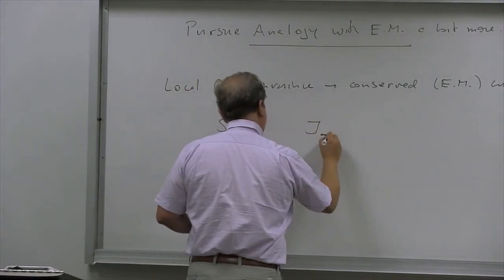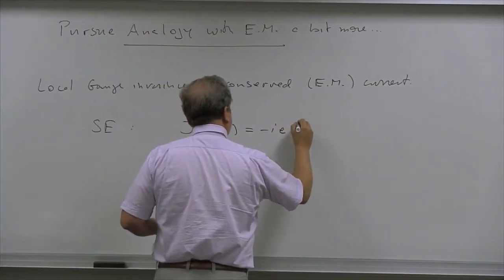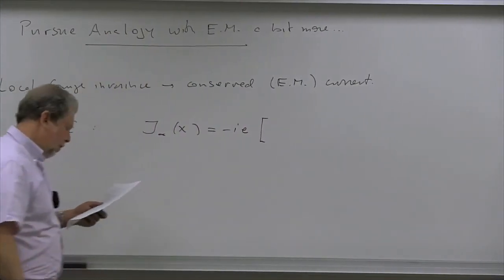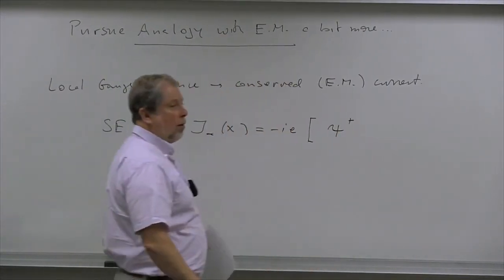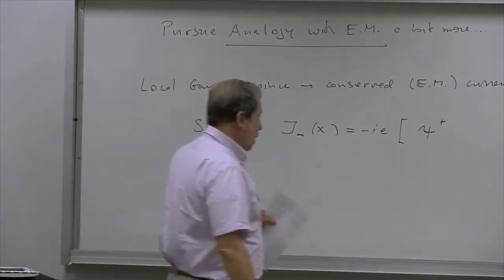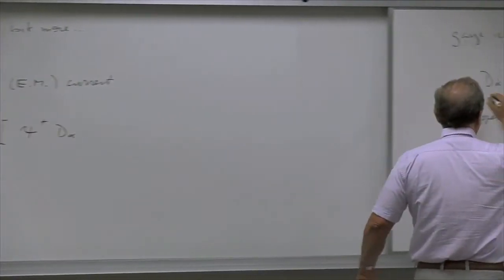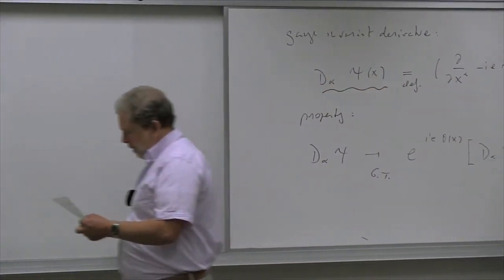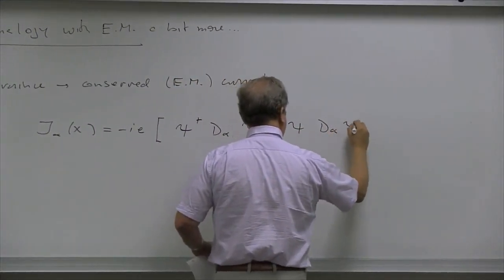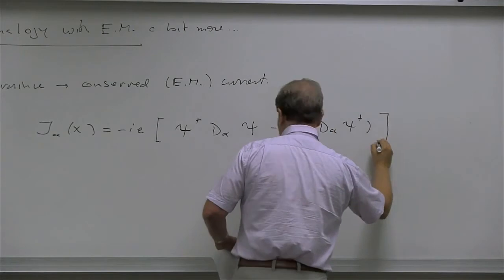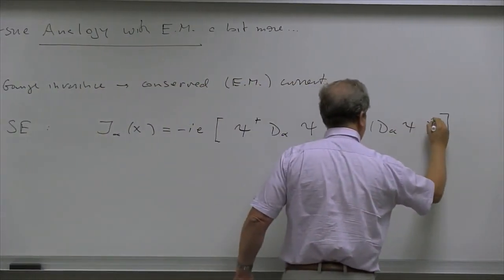J alpha of x is equal to minus iE, and then we have a combination of derivatives of the field. So it would be psi dagger if the field has more than one component, otherwise it's just psi star, times the derivative D alpha, which is the one we defined here, and then times psi, minus psi times D alpha psi dagger. Actually, it's the dagger of the whole thing.